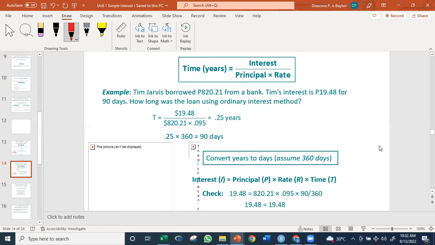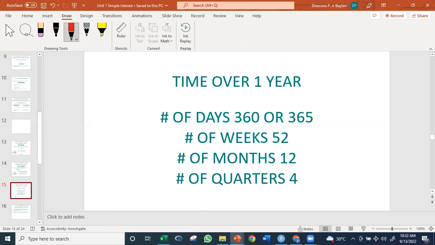And then we learned to compute for the principal or the rate or the time given the interest and the other corresponding values. Okay, so far, class, that is what we have learned. All right. Now, just by way of information, for time over 1 year, the number of days can either be 360 or 365. For weeks, we use 52. Of course, for months, we use 12, and for quarters, we use 4.